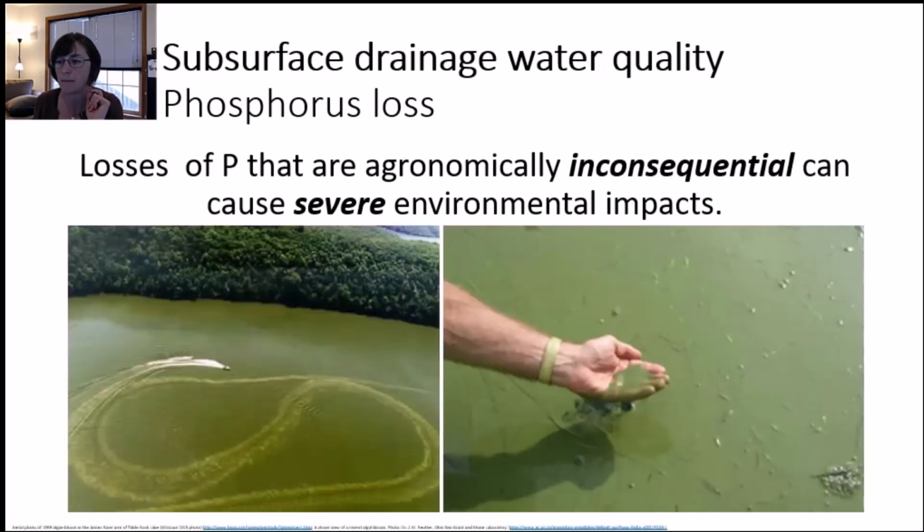I'll also remind you that in freshwater, cyanobacteria, which is blue-green algae, which can be very toxic when we have blooms, are able to fix their own nitrogen from the atmosphere. They're nitrogen fixers. And so that's why phosphorus is limiting for their growth. When you add a little bit of phosphorus, these cyanobacteria don't need nitrogen because they fix it themselves. So adding a little bit of phosphorus can lead to situations like you see here, cyanobacteria, blue-green algae blooms.